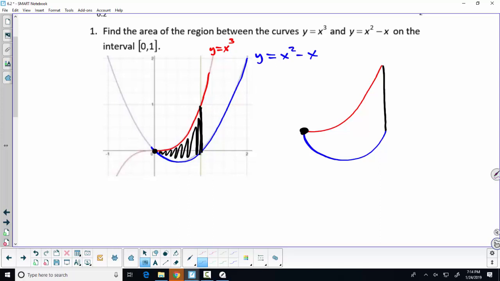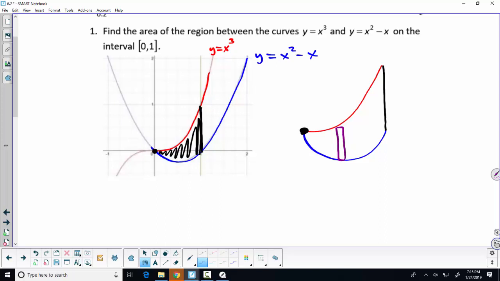Now, just because the functions are already solved for y, in general doesn't mean that's always what you should default to. It's y equals this function of x and this function of x, so I should integrate with respect to x. That's not always clear cut. Here, hopefully it is. If we integrate with respect to x, our rectangles are top to bottom.